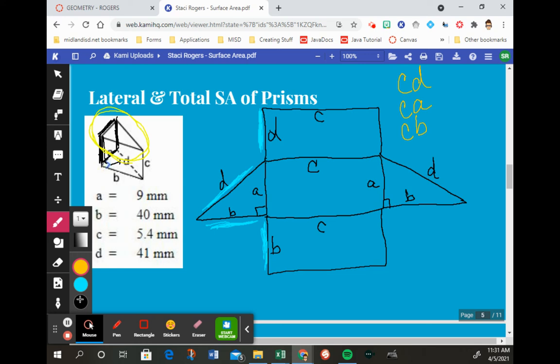We've got 3 C's in the middle and A, B, and D. Then I'm going to add to that 2 times 1/2 A times B. Or we could have done base times A times B divided by 2. Either one works.